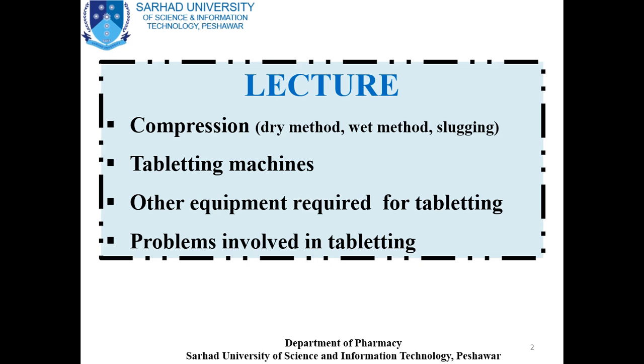In today's discussion, we will explain in detail compression, including the dry method, wet method, and slugging method for the preparation of the tablets, tableting machines, and the other equipment required for the tableting.